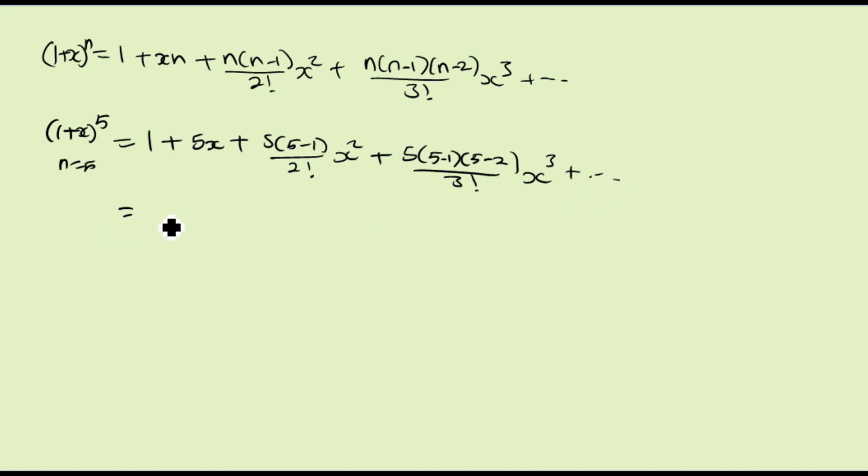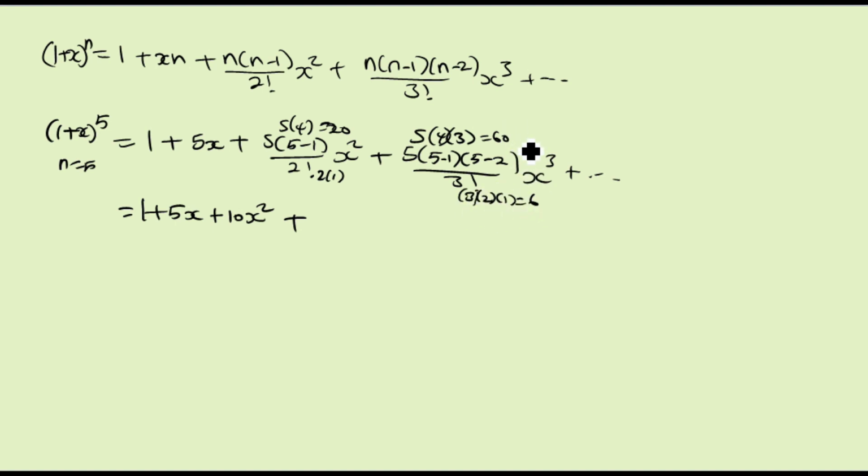And simplifying, we shall have 1 + 5x plus, now 5(5 - 1), that is the same as 5 times 4, divided by 2 factorial gives us a value of 20 divided by 2, which is 10, so we have 10x^2. Add 5 into 4 into 3, divided by 3 factorial, which is 3 times 2 times 1.